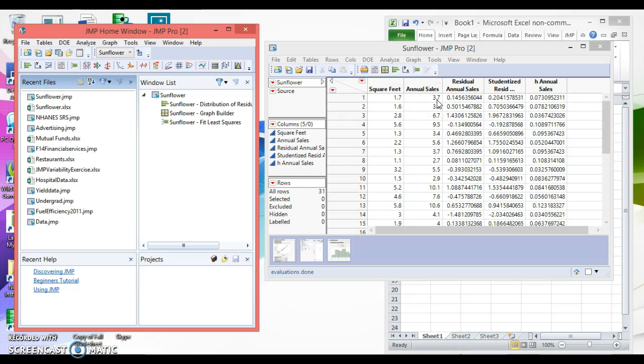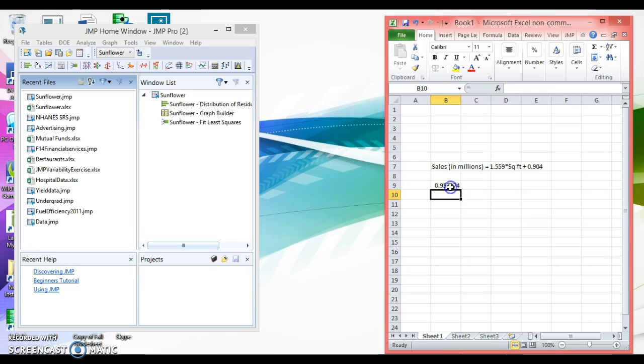All right, and then use the model to estimate the sales of a 2,800 square foot building. So we're just going to go back to our formula right here, and you just do equals 1.559 times 2.8, because it's 2.8 thousand, then plus 0.904.